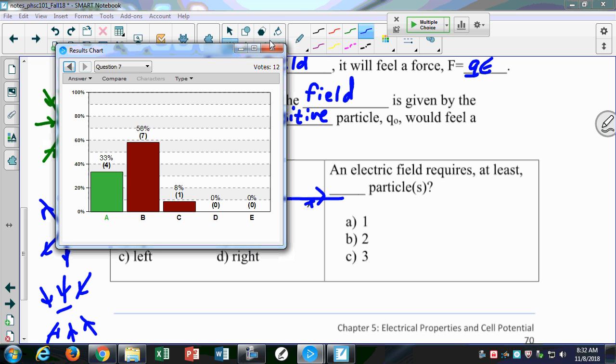So a field helps us to describe what the force would be like if there was a second charge. So I can have a field just for a single charge. I can have it for 2 or 3 or 4 charges. It gets a lot more complicated, but a field we can use to describe the force per unit charge for a single charge. All right? So forces require 2 particles, but fields only require 1.